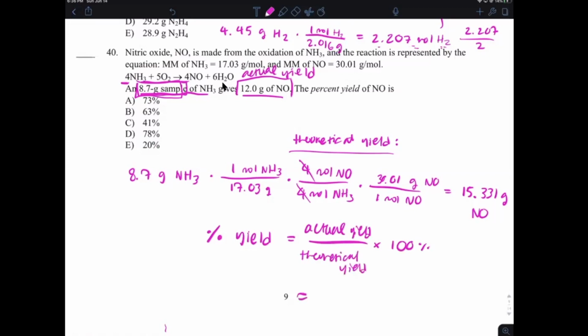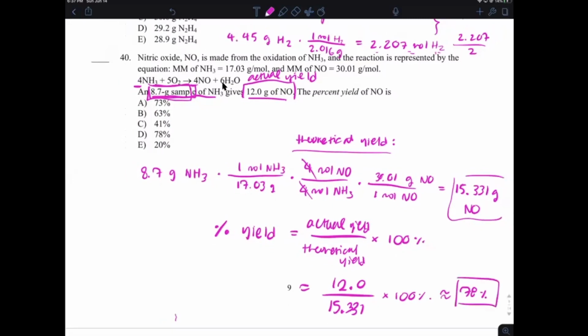So we get 12.0 divided by 15.331, which we found here, then multiply by 100%, and we get around 78%. So our answer should be D for number 40.